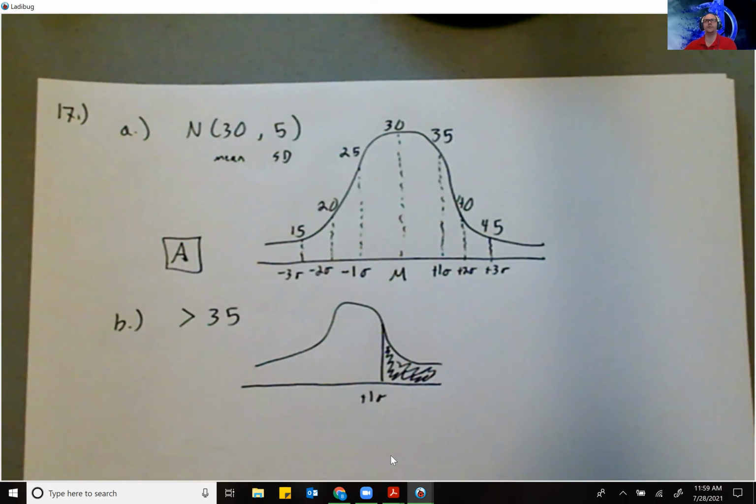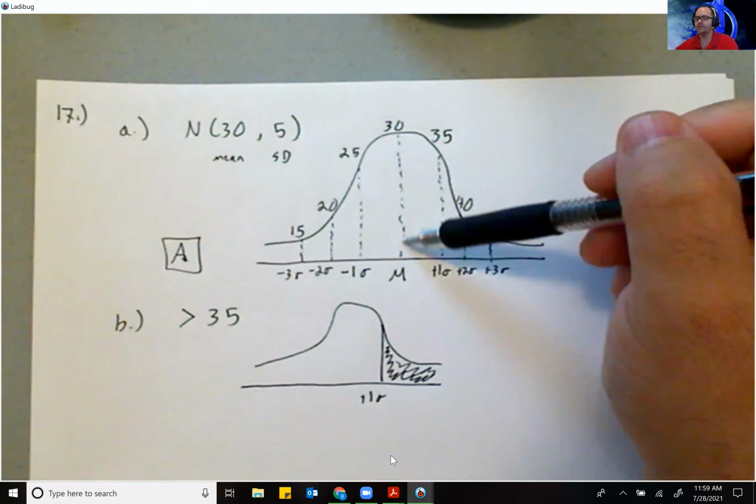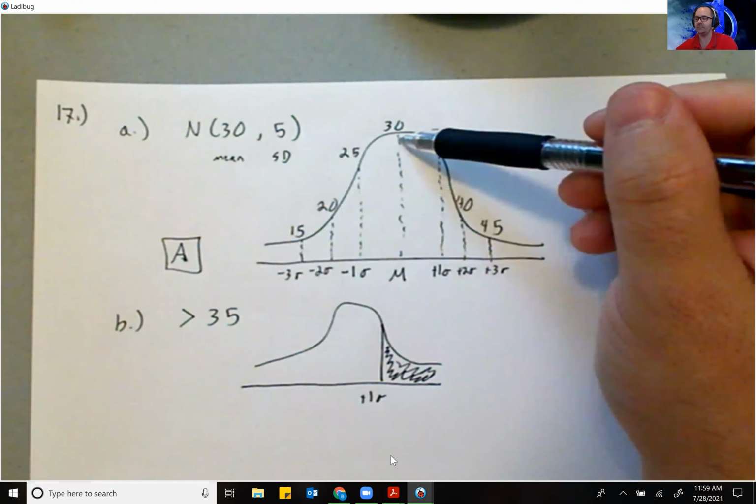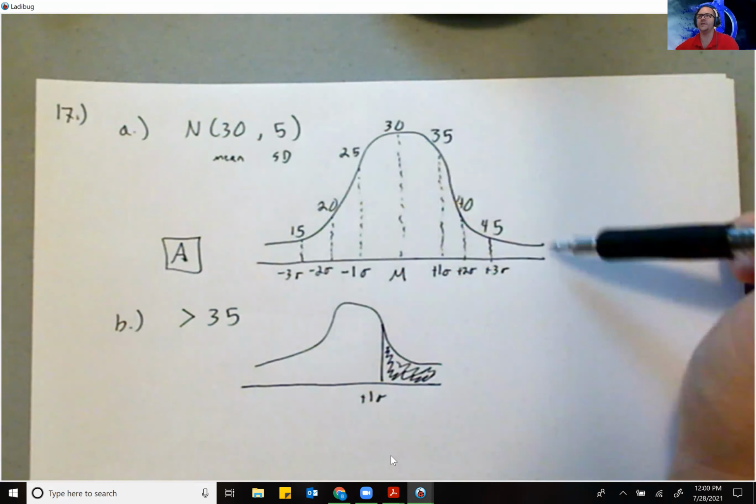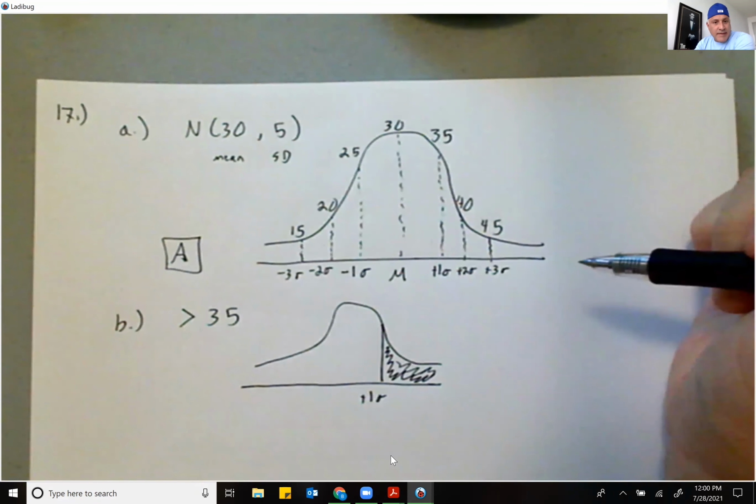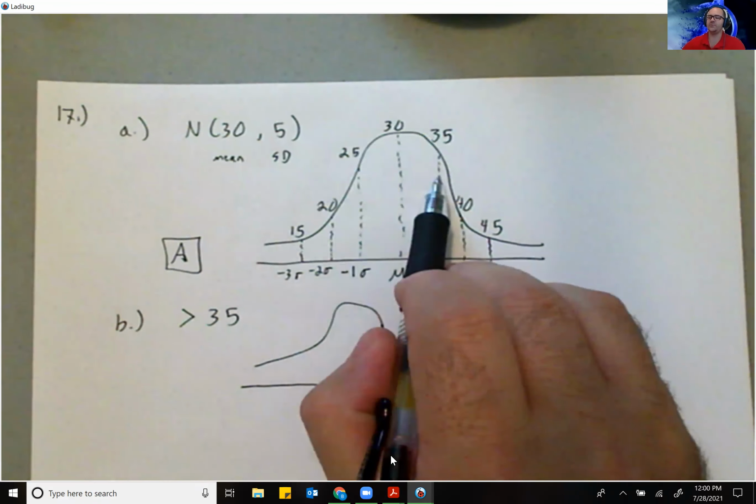So let's walk through this and let's check. Remember that right here, this is halfway, right? So how much data is up here then? 50%. Now, how much data is between these two? 13.5.